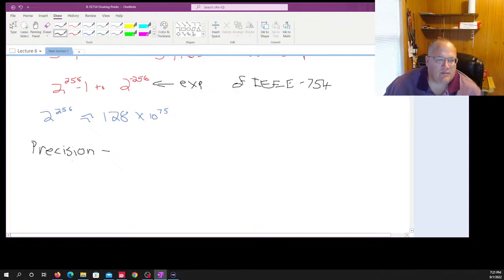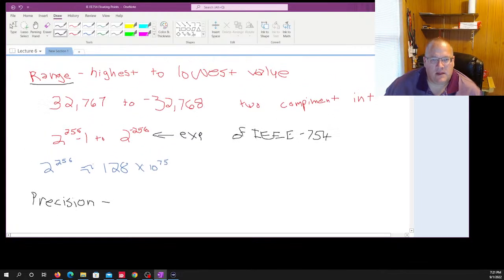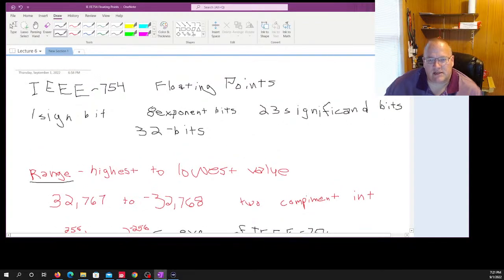So the way to think about precision is, if we go up here to the significant bits, we would ask how many are there that are important? How many are non-zeros? And so we start counting from the left.